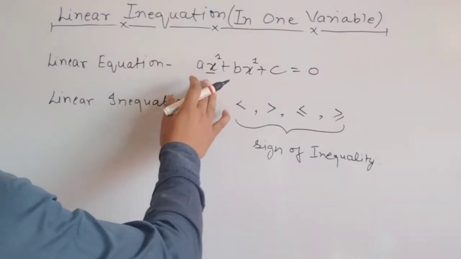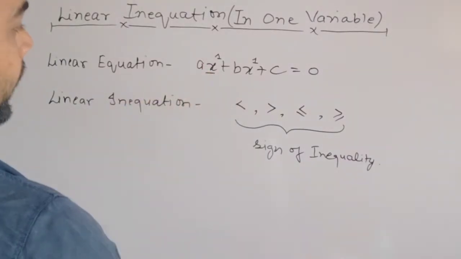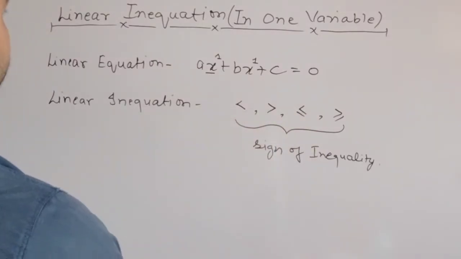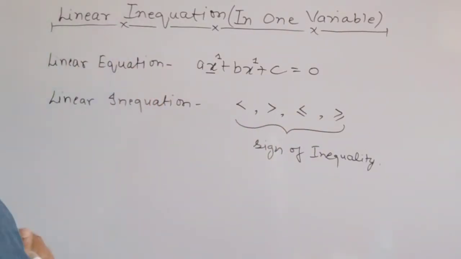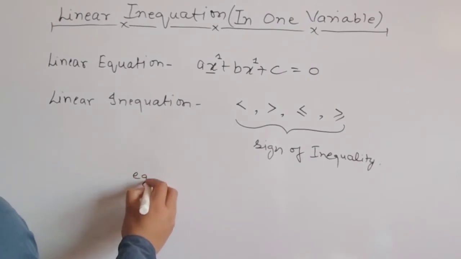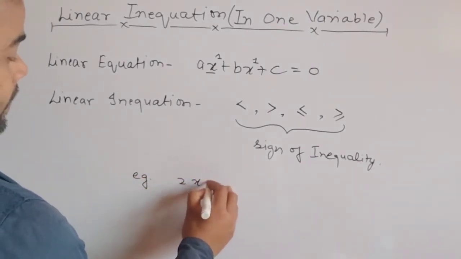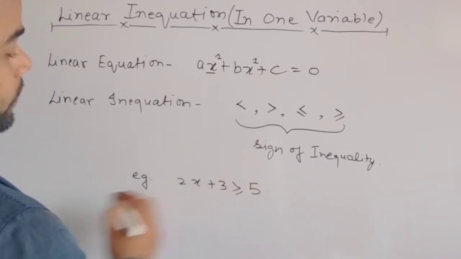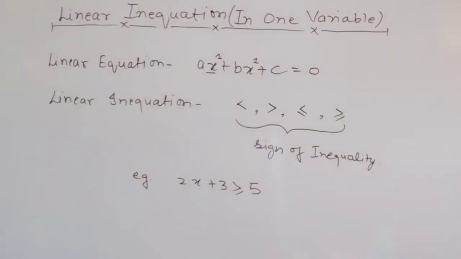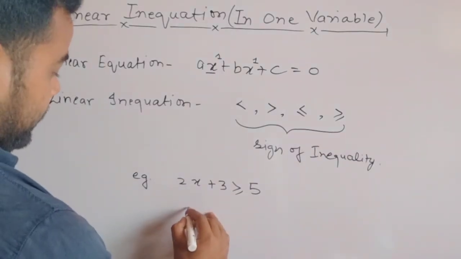If the variable is of order 1 and these signs are put in between them, then the algebraic expression will be called a linear inequation. For example, 2x plus 3 greater than or equals to 5. This is an example of linear inequation, and we can write many more like that.